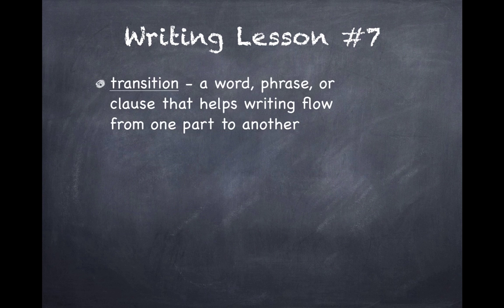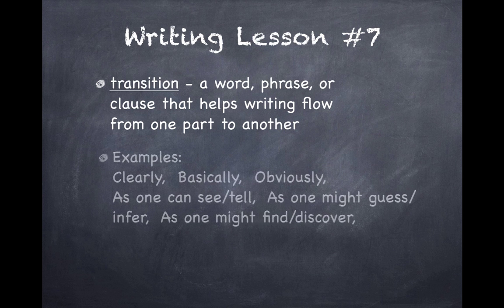All right, after our hook, we want to explain our hook. But before we get there, sometimes it's good to help our sentence fluency to flow from one part to another, to use a transition. So a transition is going to be a word, a phrase, or possibly a clause that helps writing flow from one part to another.